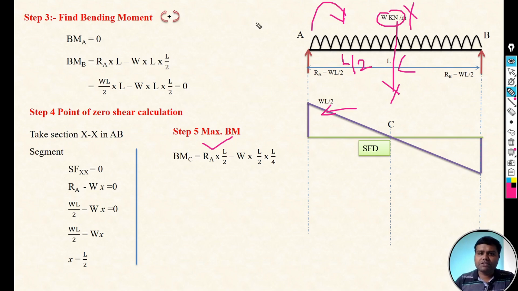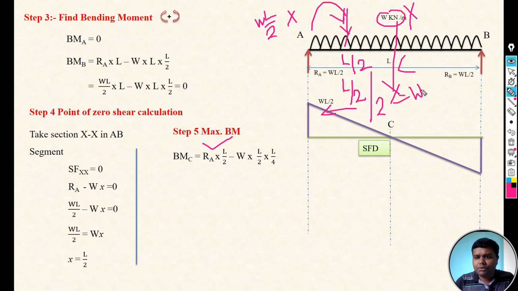So the point load is W into L by 2, that is the UDL converted to a point load, and that point load will act at the center of that span, meaning L by 2 whole divided by 2. So it will be L by 4. So W into L by 2 is the UDL converted to point load, where L by 4 is the distance, or the moment arm, of that point load.